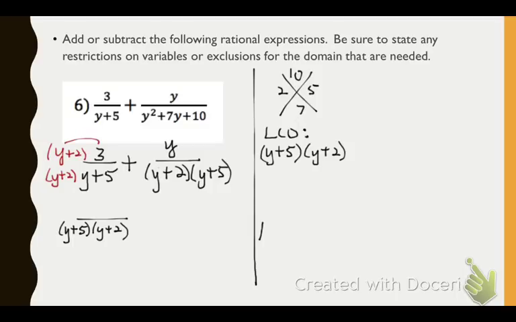As I do that, I'm going to go ahead and distribute, just to save myself a step. So I have 3y plus 6. Now my second expression has the common denominator, so I don't need to adjust my numerator. Now I can go ahead and I am just going to move over to the right.